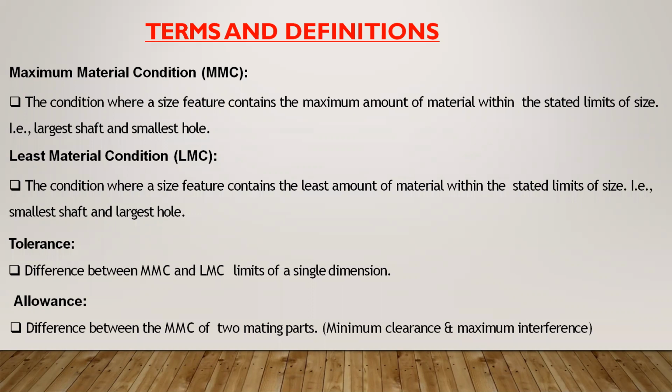Next, coming to the tolerance, that is the difference between the maximum material condition and least material condition, in the limits of a single dimension. So that is when we take it as a single dimension.